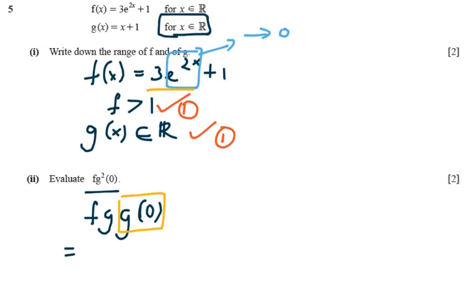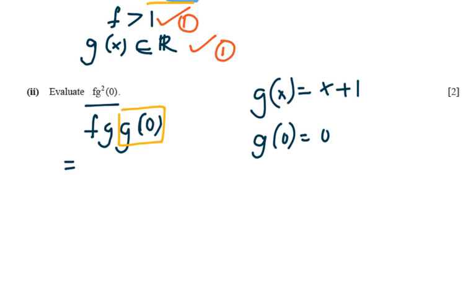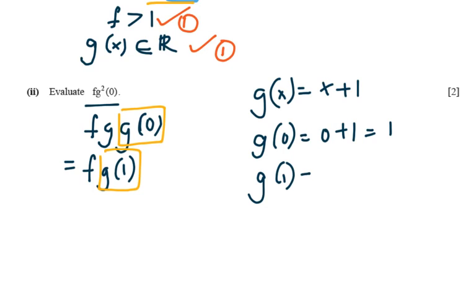Solving this is just substituting 0 in the function of g, where g(x) is equivalent to x plus 1. So when you substitute 0 in the position of x, you will be getting 1. Hence fg of 0 will be equivalent to f of g of 1. Continue to solve this part where you substitute 1 in the position of x, where you have 1 plus 1, so getting 2. So you will be getting f of 2.